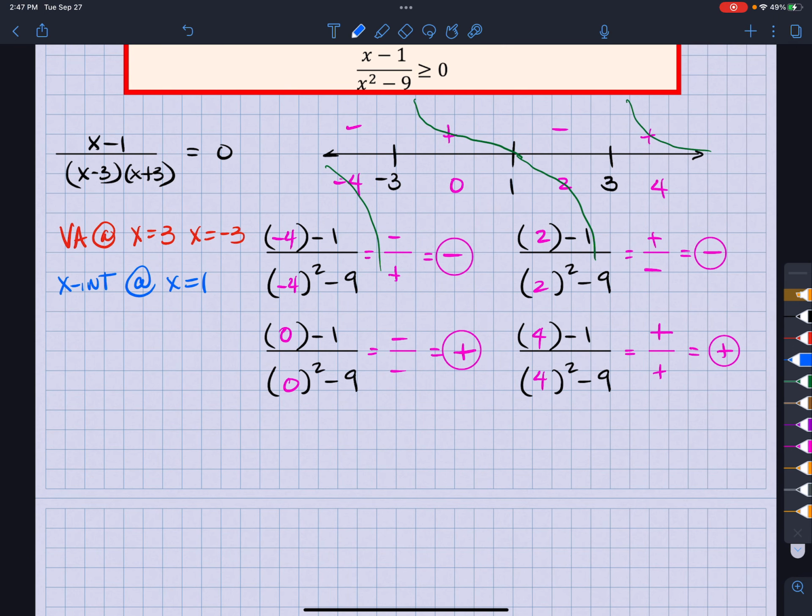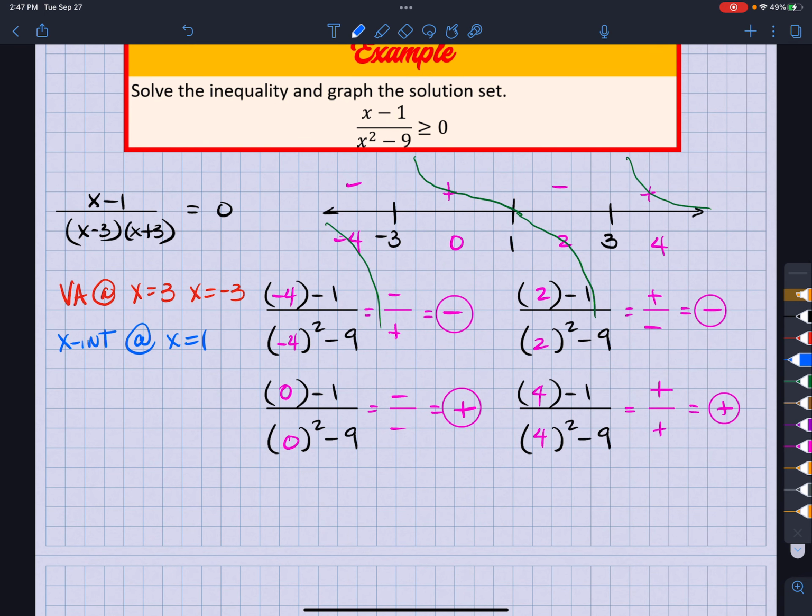So my answer is now going to be from negative 3 to 1 union with, ooh, I can't include 3, can I?